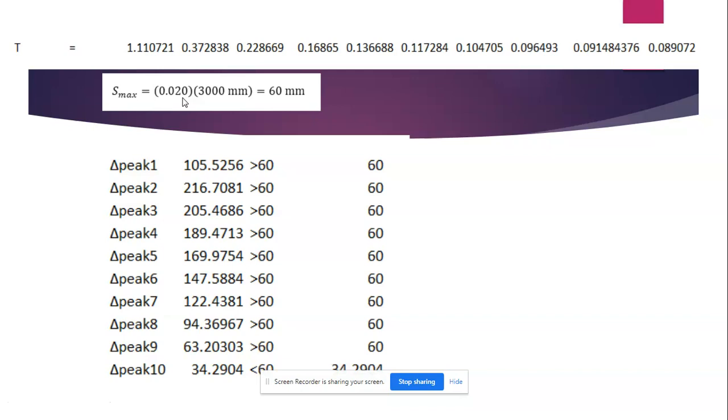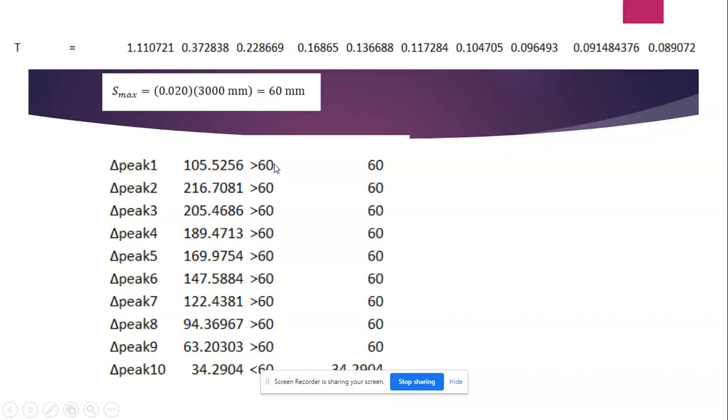So delta max equals 0.020 times 3,000 millimeter, which equals 60 mm.